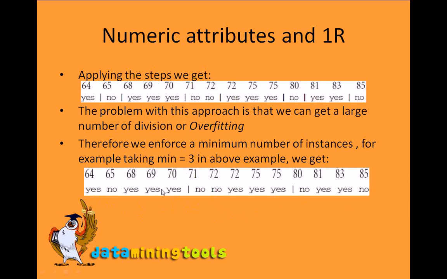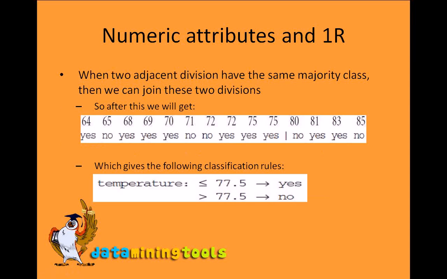So as you can see, these two adjoining divisions have the same majority class. So again, we can combine these two into one set. So in the end, we'll have just two sets. We have demonstrated this, and from this we now have just two divisions.